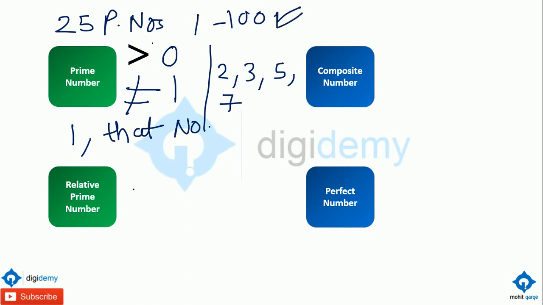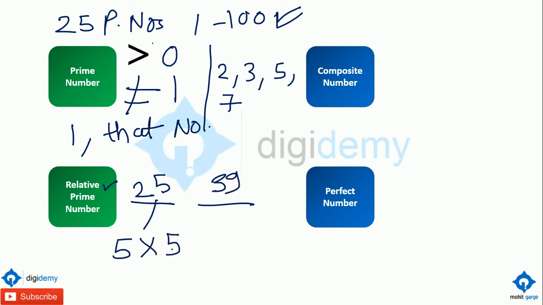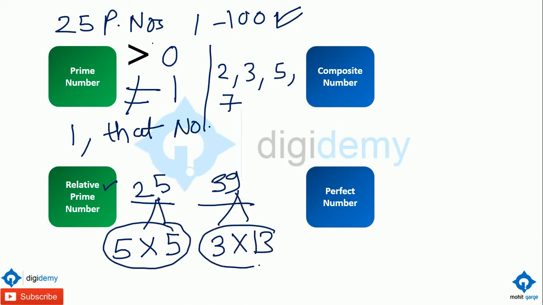Then there are relative prime numbers. When you see the term relative, it means there has to be two numbers. Let's suppose the first number is 25 and the second number is 39. So let's factorize it. 5 into 5, this is 3 into 13. Hence, they do not have any prime factor in common.